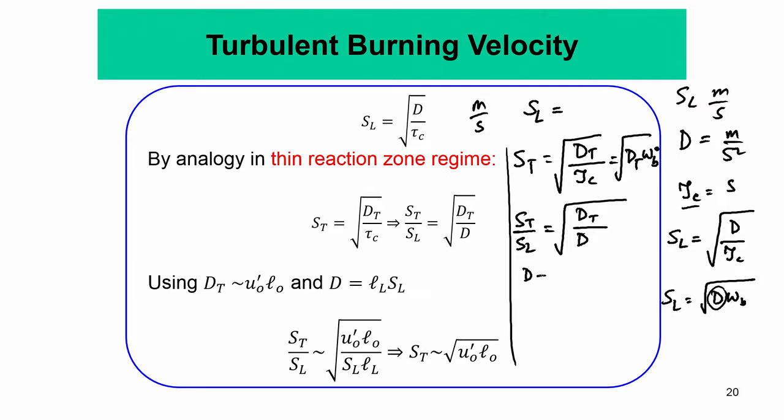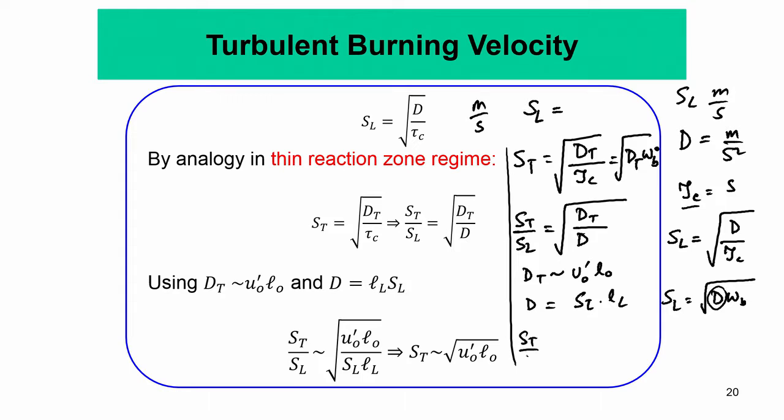Since Dt has units of meter squared per second, we can write it in terms of the large scale turbulent parameters as u prime times L0. This is meters per second times meter, so essentially meter squared per second. And D is equal to SL times LL, the local laminar flame speed times the flame thickness.